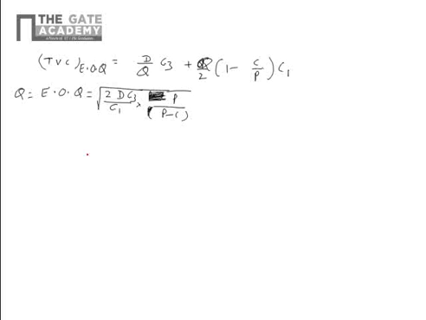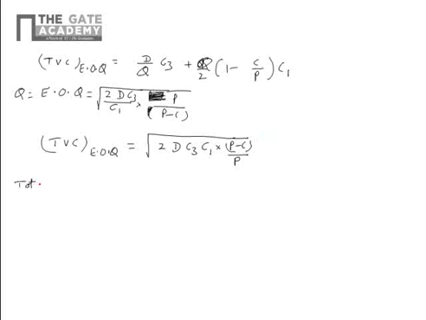You have to substitute this, then you will get the total variable cost for the economic order quantity equal to square root of 2DC3C1 into P minus C by P. So this is the total variable cost.